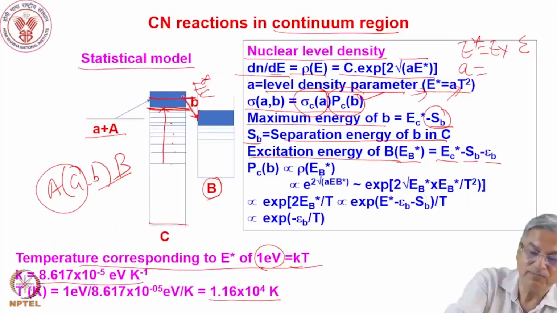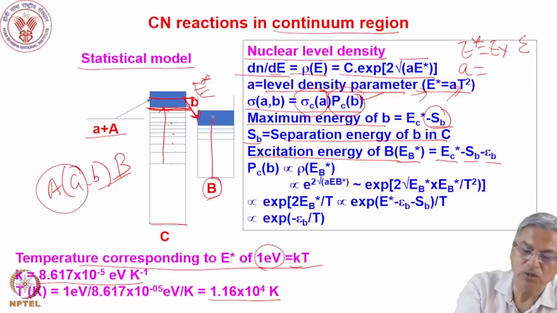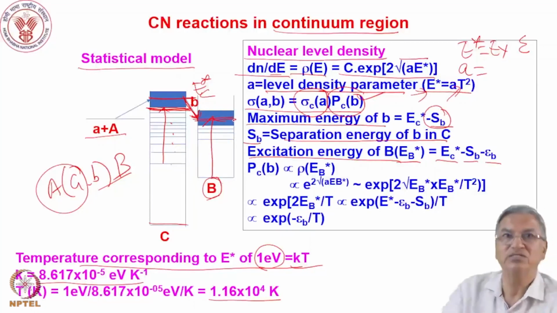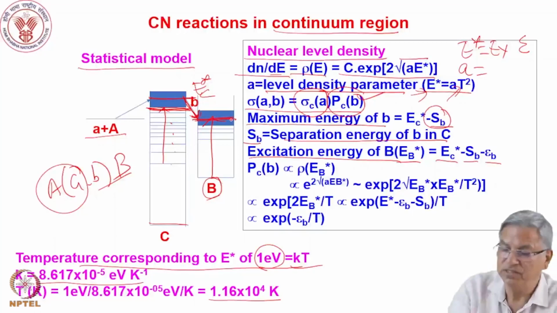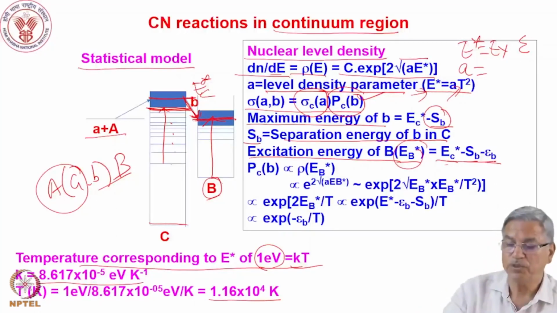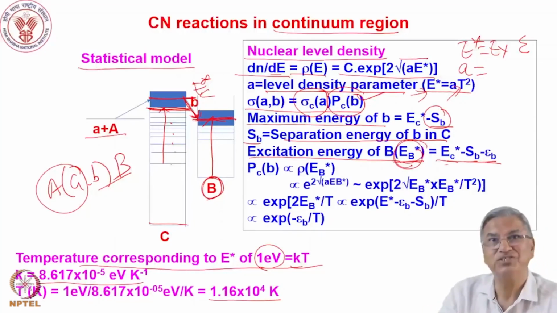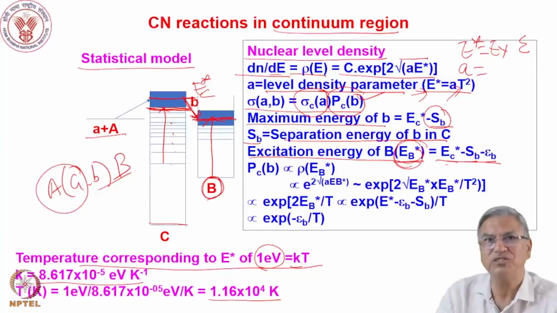When the particle is emitted from the compound nucleus, energy equivalent to the binding energy is required, and so this residual nucleus may be populated in certain energy states, and that excitation energy is given by this formula. So the probability of decay to a particular energy state of the daughter residue depends upon this excitation energy. Higher the excitation energy, higher will be the level density. Basically, why does it depend upon E star? Because level density depends upon E star.